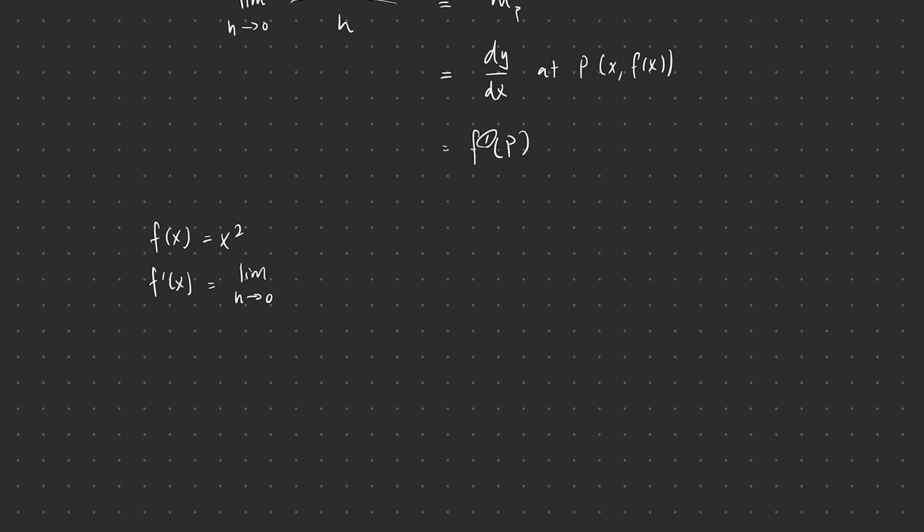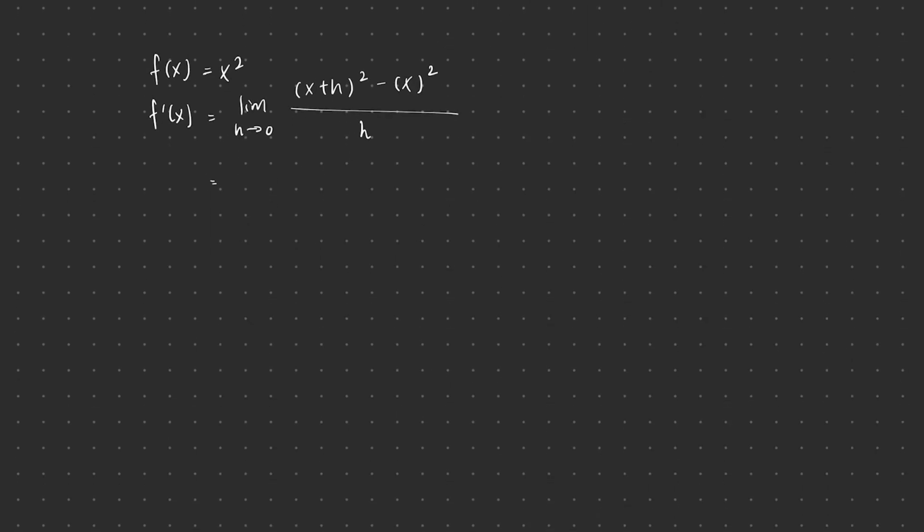The limit as h goes to 0 of f of x plus h, which would be x plus h squared, minus x squared, all over h. Note that we have to keep writing the limit symbol until we substitute the limit in. So we can expand our square term: x squared plus 2xh plus h squared minus x squared over h.